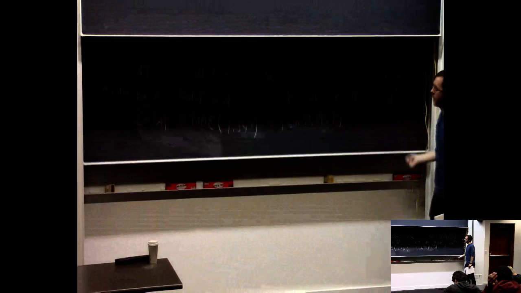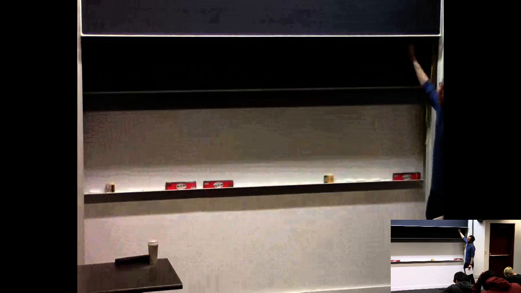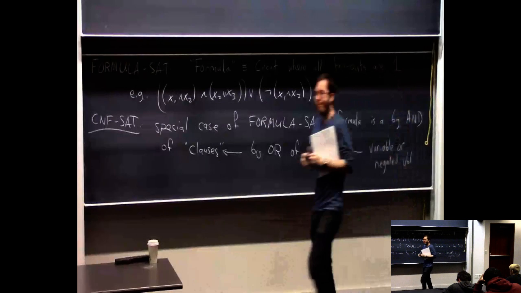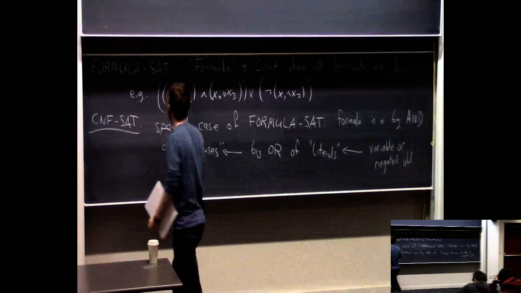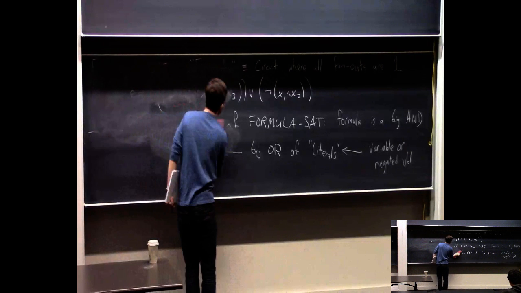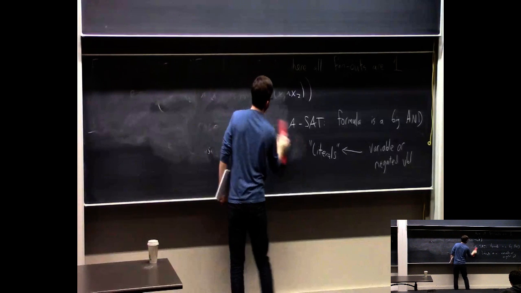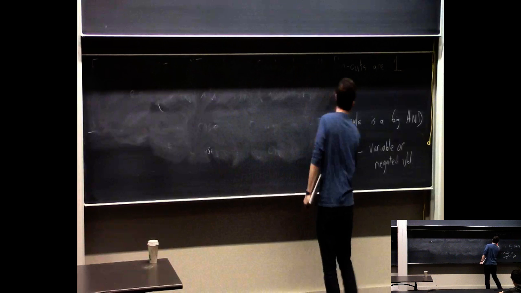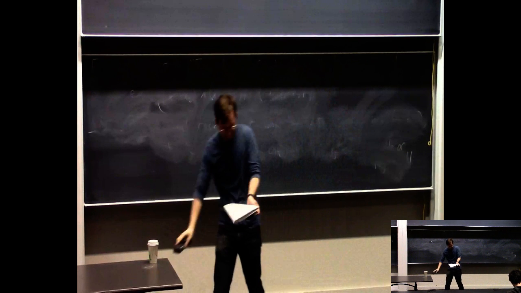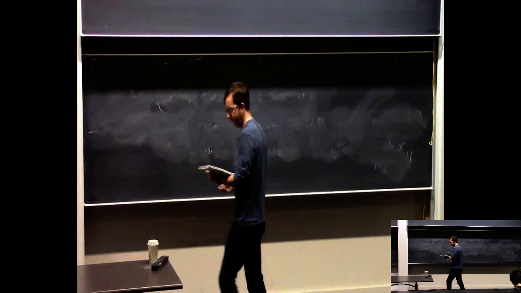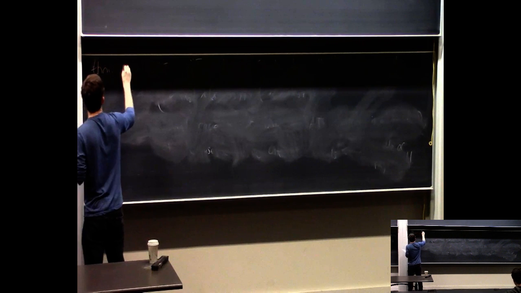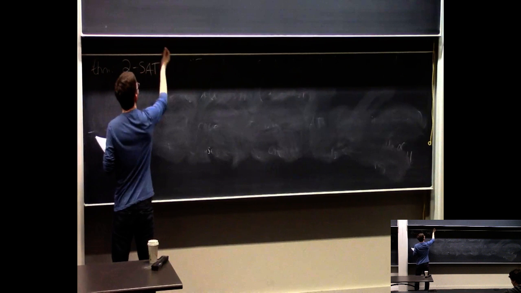And maybe it'll make you think that, yeah, these SAT problems look hard, but sometimes you can do it. 2-SAT is simple enough that you can solve it in polynomial time. So this is the theorem: 2-SAT is in P.